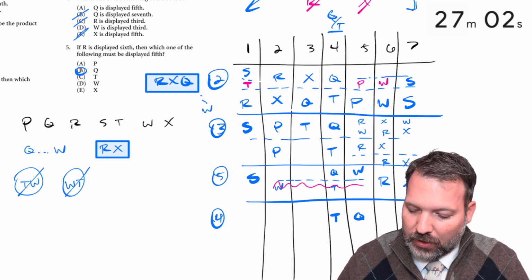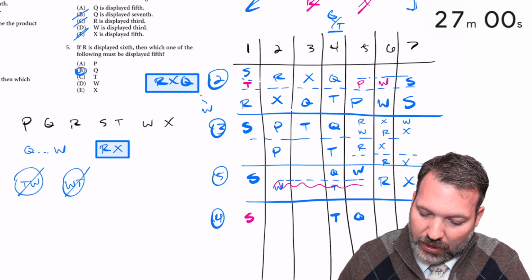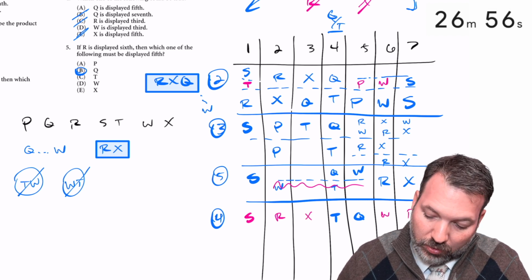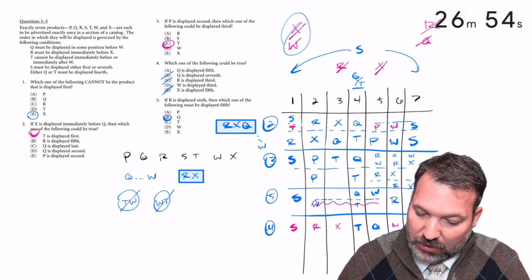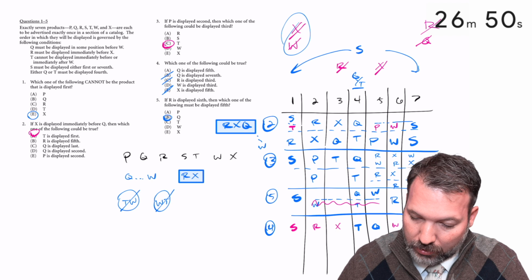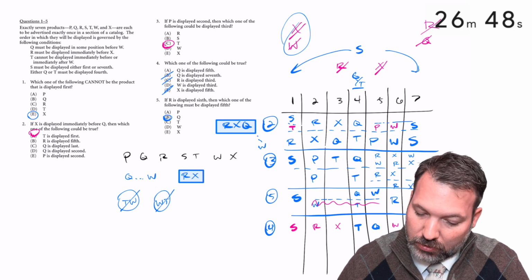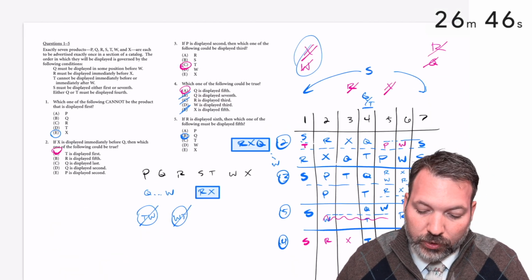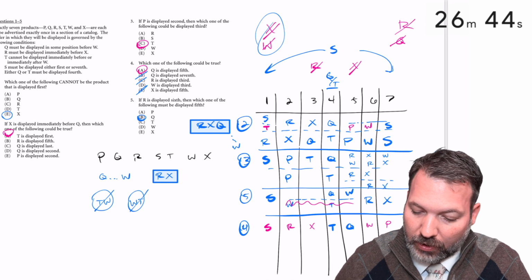But otherwise, I can make this work any way I want. I could see S, R, X, T, Q, W, P. That seems fine, right? W's after Q, R and X are blocked, T's not next to W, S is first. Yeah, that's fine. So number 4 is A. Okay, not so bad. Moving on.